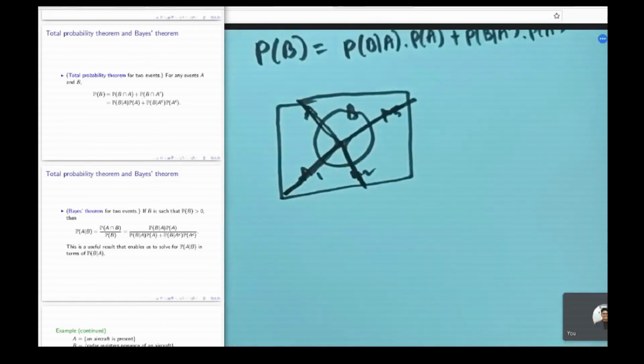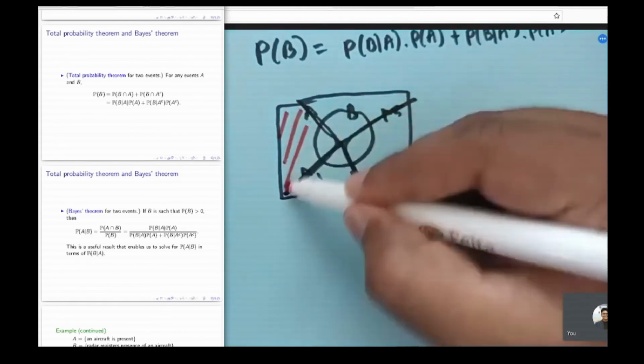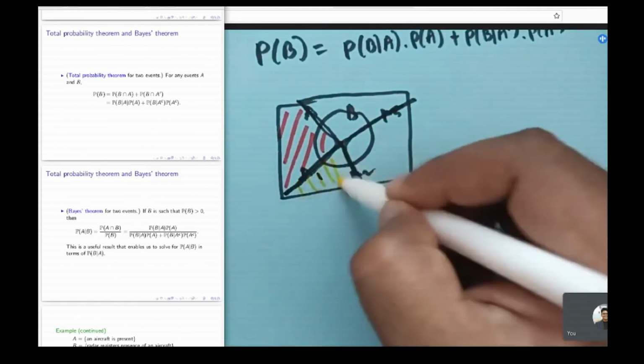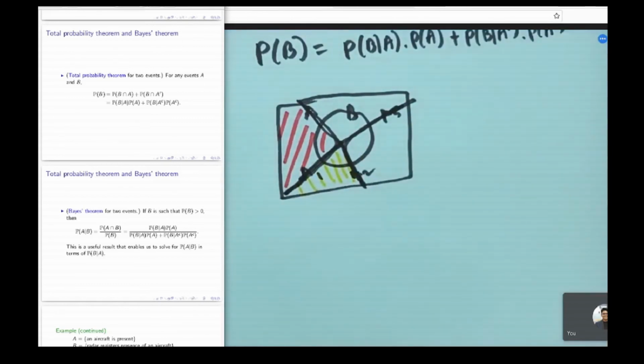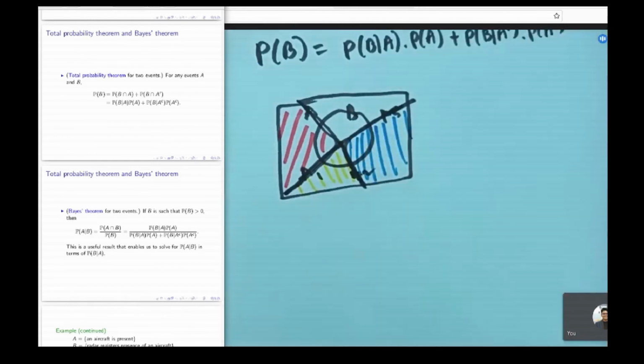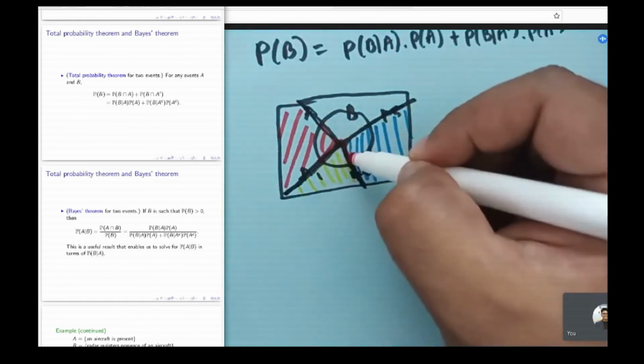So all these other events exist, so this is A1 and this is A2, say that this is A3. If these are the events, then you can actually think of it like you have this part, and this part.